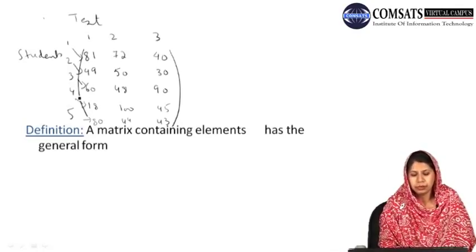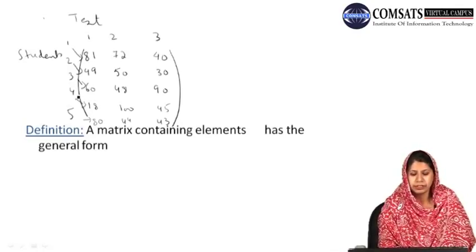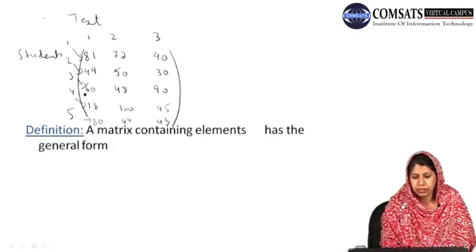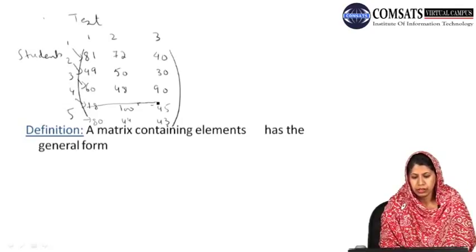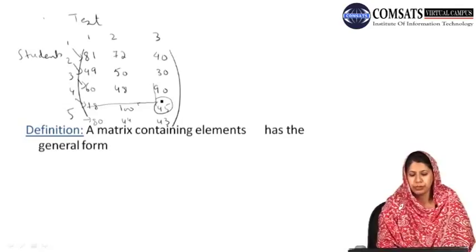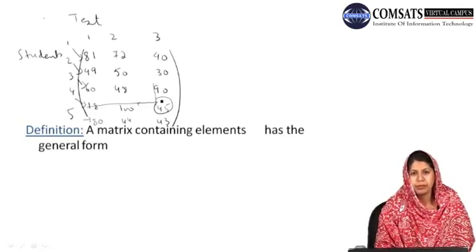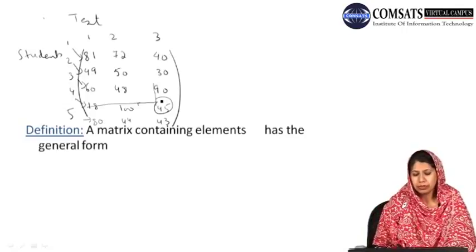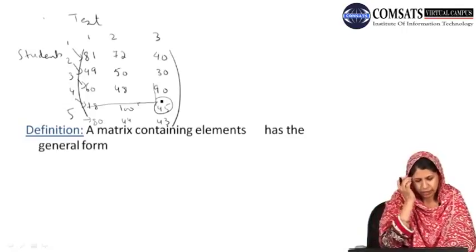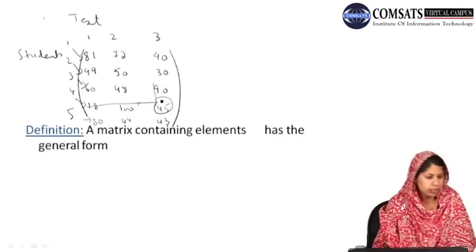If we are interested in knowing how many marks student 4 has obtained in test 3, then student 4, which is the 4th row, and the 3rd column, this entry represents that student 4 has obtained 45 marks in test 3.